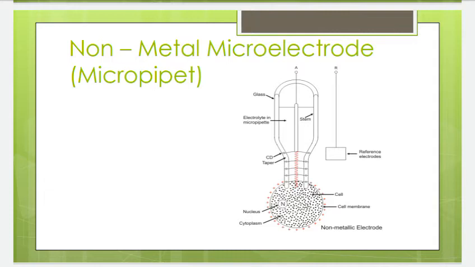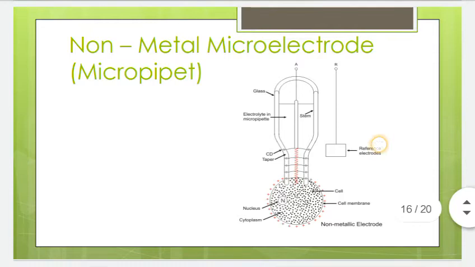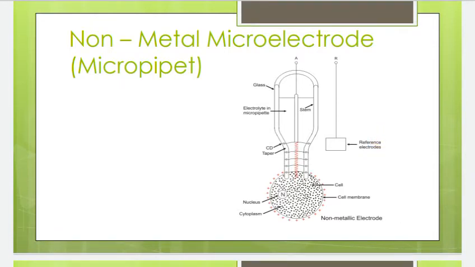So inside this micropipette it's filled with electrolyte, usually 3 molar potassium chloride, which is compatible with the cellular fluid. A thin flexible wire of chloride silver, stainless steel or tungsten is inserted into the stem of the micropipette.